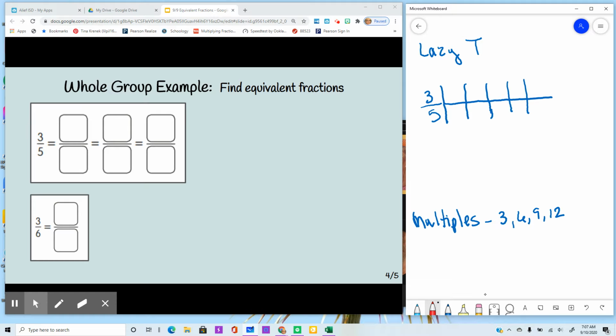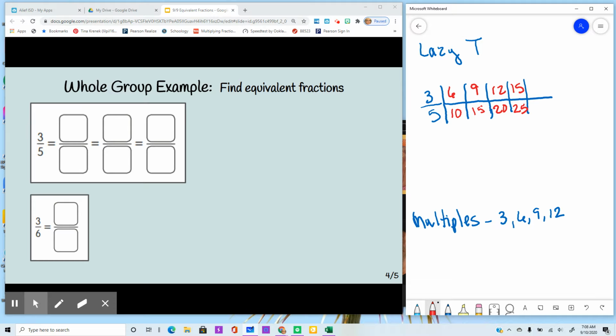So if I count by 5s, it would be 10, 15, 20, 25. I'm just going to stop at 25. Now if I count by 3s, for my numerator, it would be 6, 9, 12, 15. These are my multiples for 3, my multiples for 5.